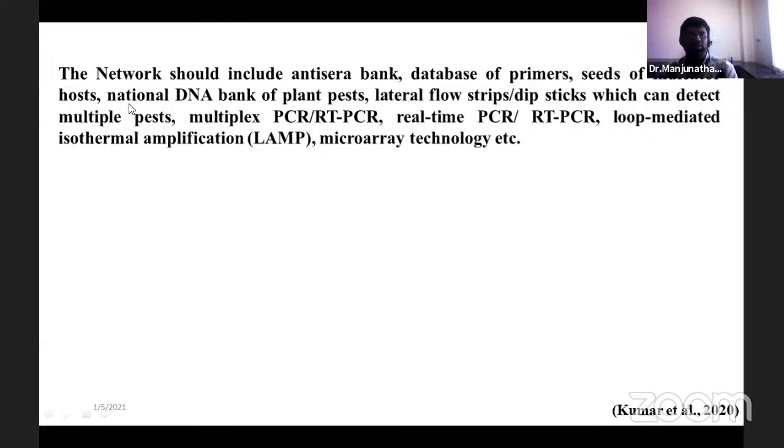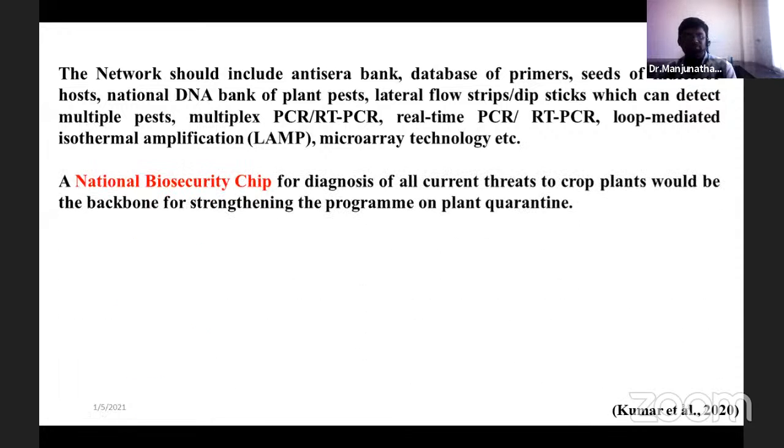We should also have a national DNA bank of plant pests, and lateral flow strips or dipsticks that can detect multiple pests, multiplex PCR, real-time PCR, and loop-mediated amplification and microarrays at the quarantine centers.